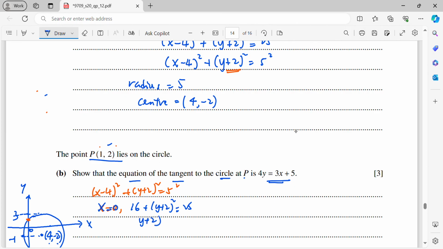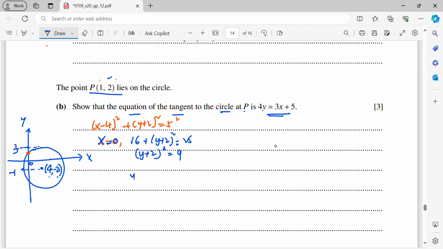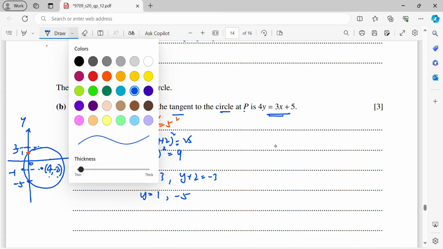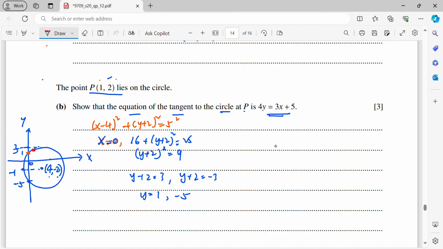Therefore, (y plus 2) squared, 25 minus 16 is 9. So y plus 2 equals 3 or -3, so y equals 1 or -5. That means here -5, this is 1. Now I know that my point P is (1, 2), somewhere here. This is my point P.